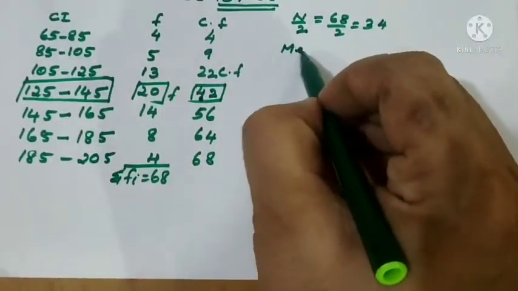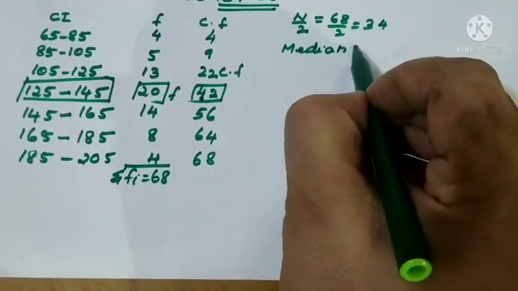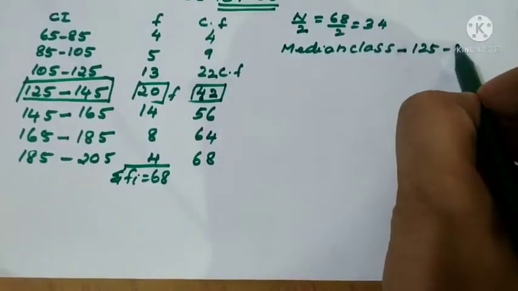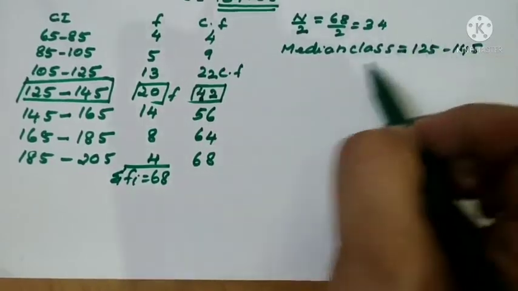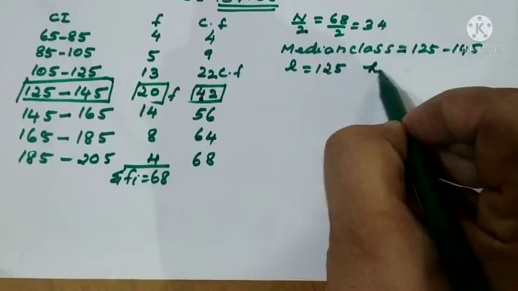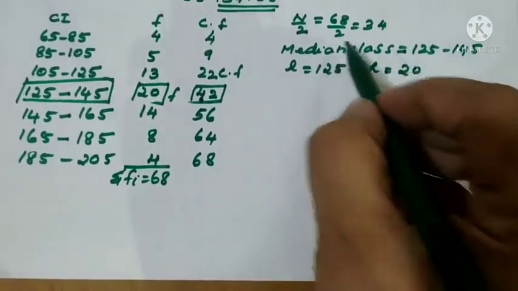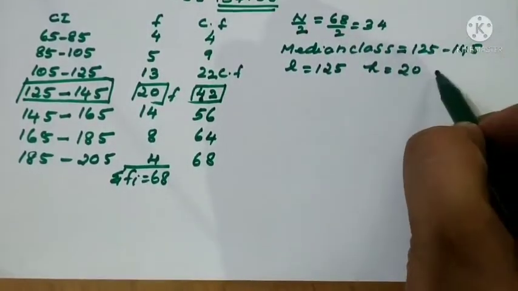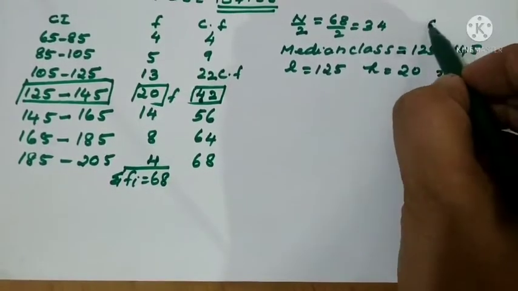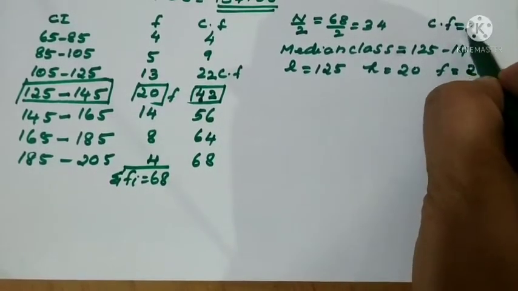So I'm writing here median class equal to 125 to 145. So lower limit equal to 125. h is equal to 20. N by 2 we have calculated. f equal to 20 again. Now CF I should write here, so 22.